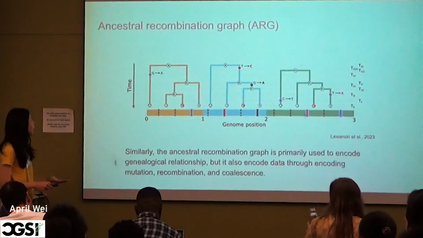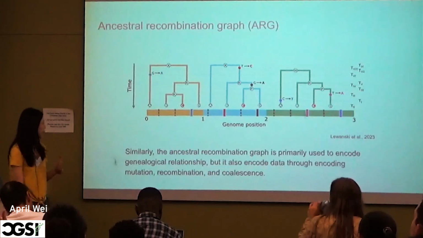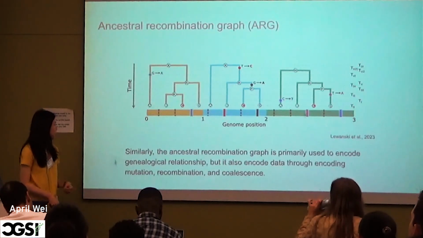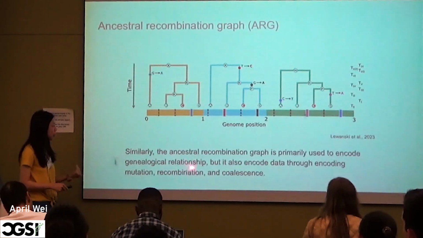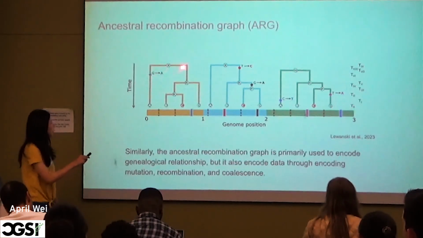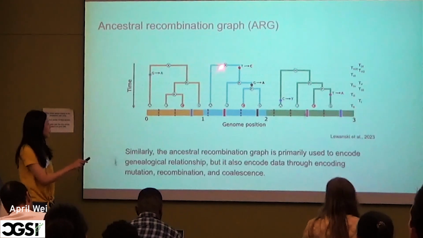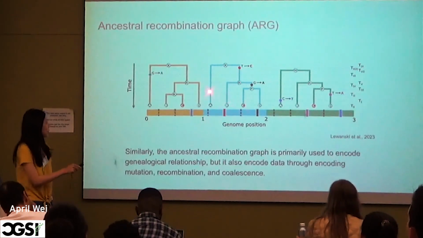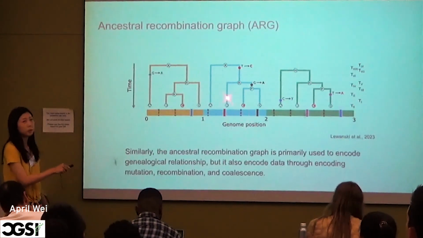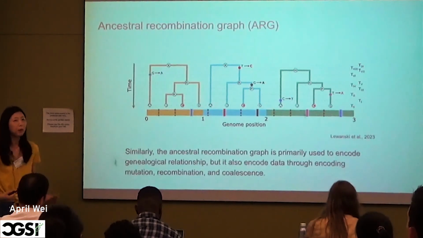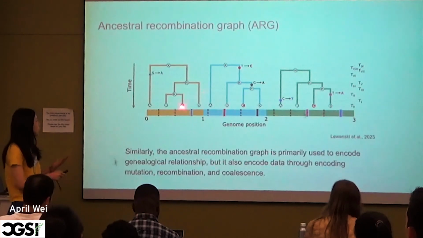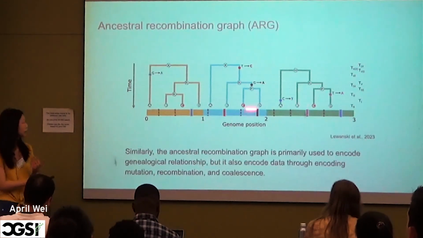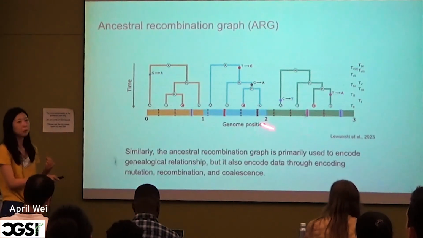But similarly, we have the concept called the ancestral recombination graph, which is primarily used to encode the genealogical relationship. As we can see here, mutations happen along the branches, and the change from one tree to another tree is caused by recombination. So this graph could also be used to encode DNA sequences at these leaf nodes, or the samples.